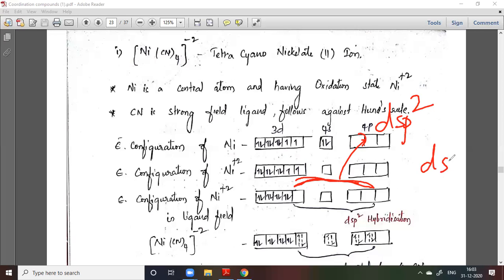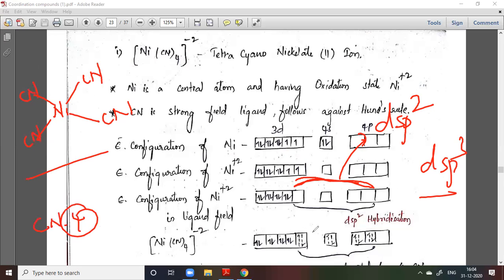A question may be asked: why not dsp3? So why is it not dsp3? First, how many ligands are there? Here nickel has only 4 ligands, which are cyanide. Definitely the coordination number is only 4.